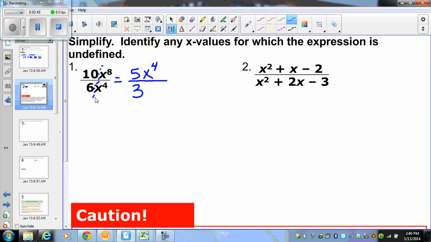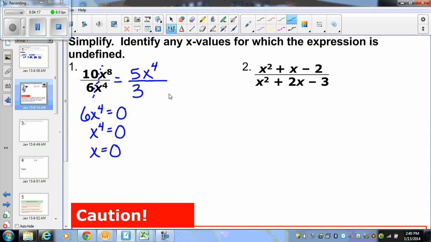So when you're looking for x values for where a rational expression is undefined, you're basically just looking for what x values would make my denominator equal 0.